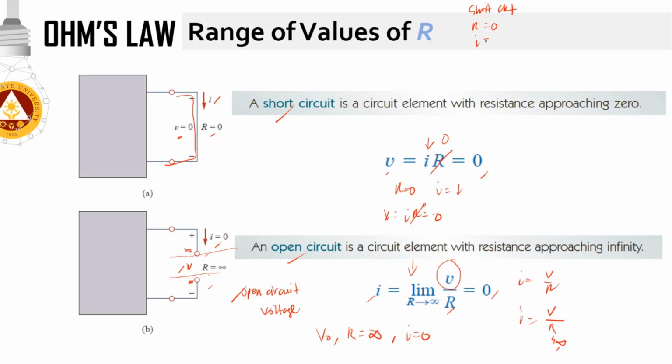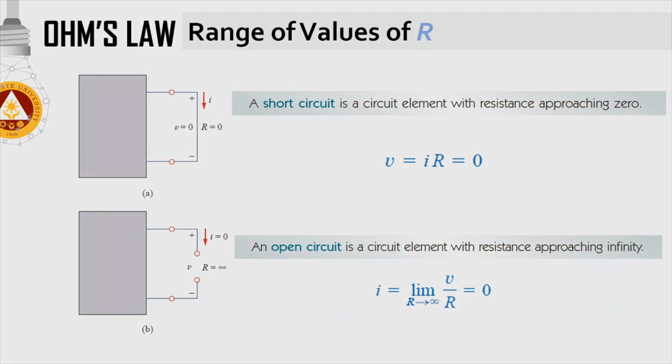We have a value of I. Let's say we have a value of I. But V is equal to 0. In an open circuit, what do we have? We have an open circuit voltage. We have a value for that. Our R approaches infinity, so therefore our I is 0. So those are what we need to remember when we are dealing with short and open circuits.